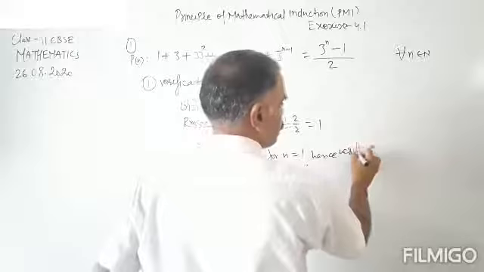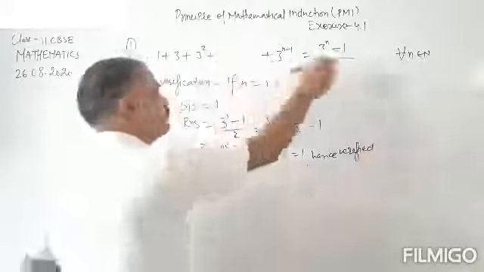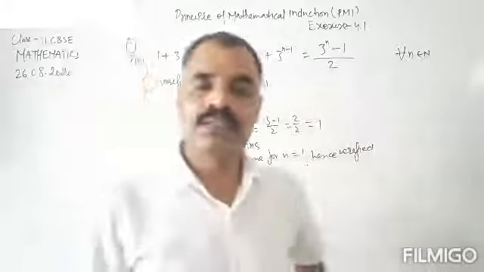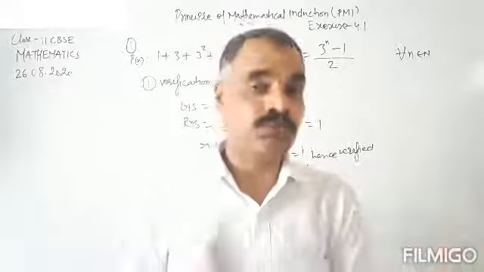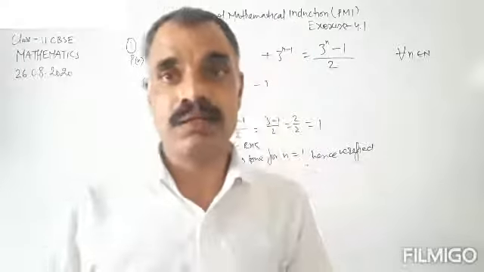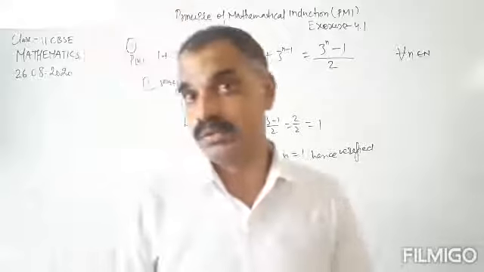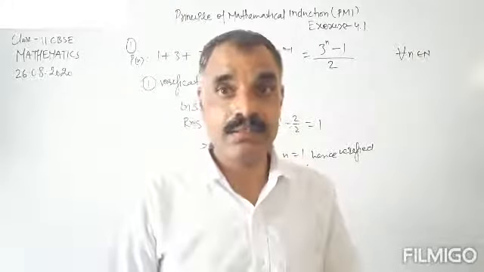Okay, so the given statement is verified for n equals 1, meaning this statement is true for n equals 1. Only for the first term this statement is true from the left hand side and right hand side.